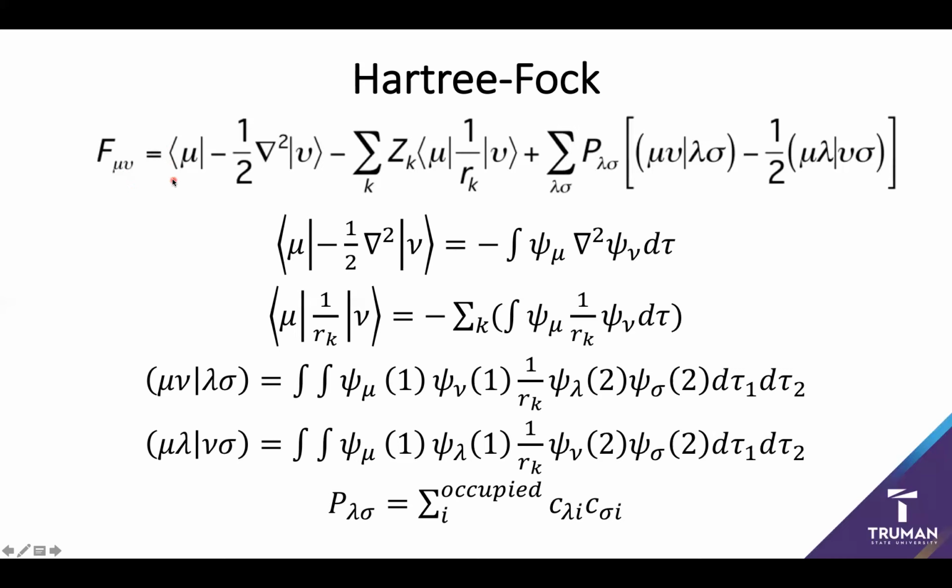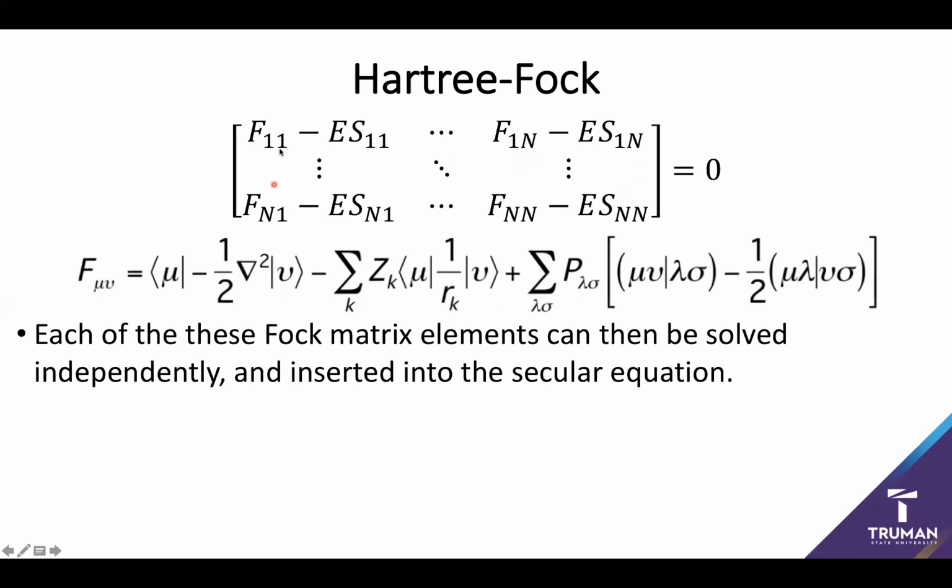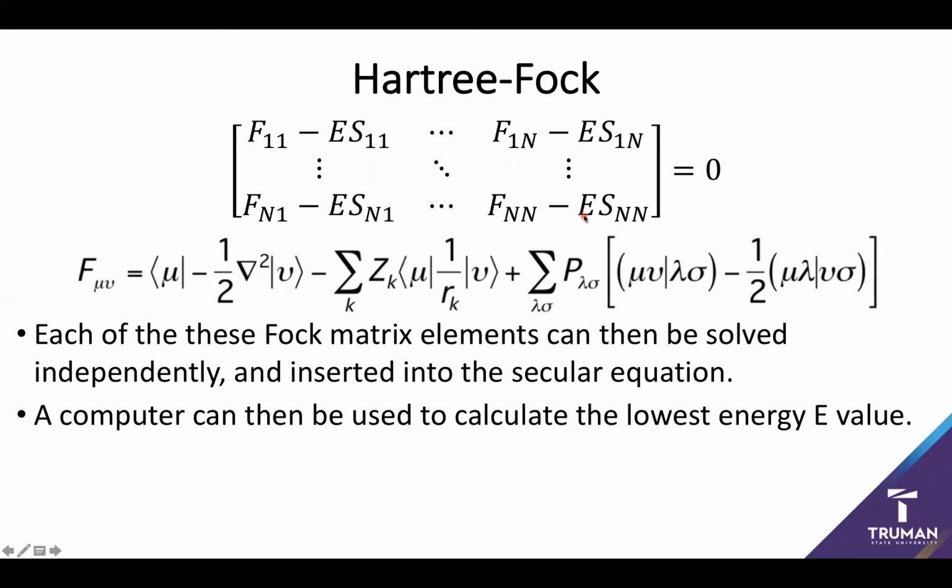So using these sets of equations, we can then go ahead and solve for the Fock energy for either our resonance or Coulombic integrals. And then using these individual solved matrix elements, we can then insert them into our secular equation and then do a whole bunch of fancy matrix algebra to back out the true energy of the system.